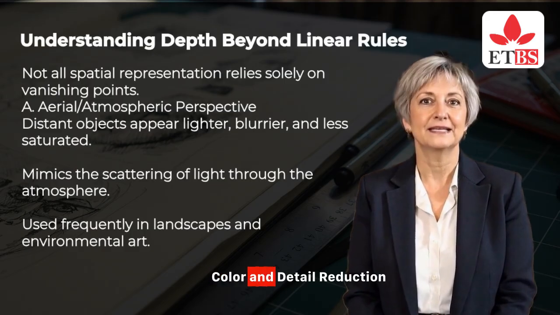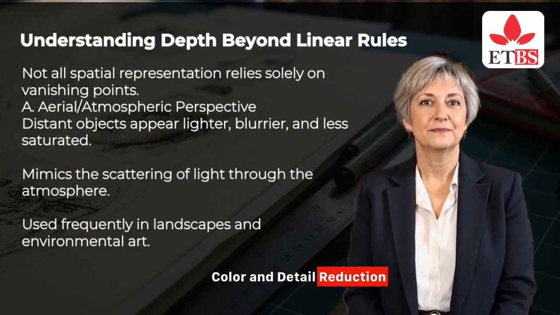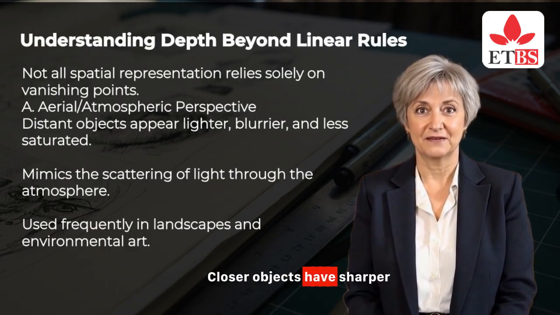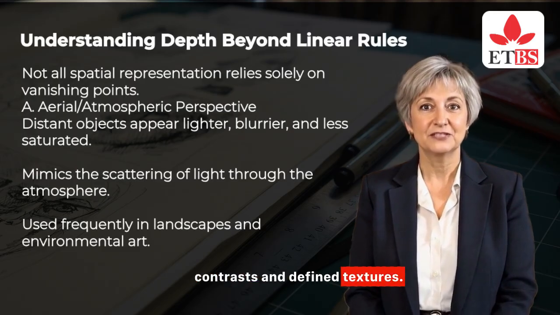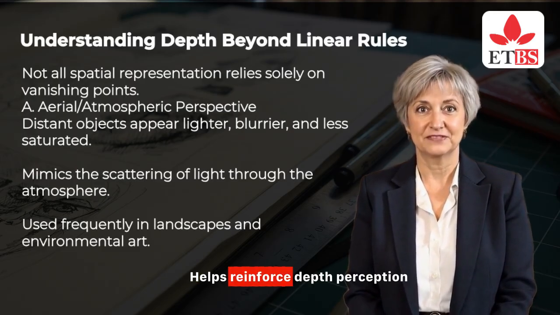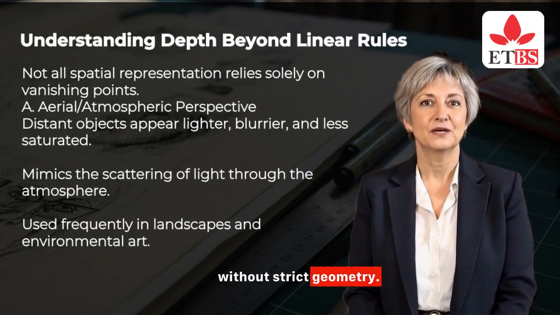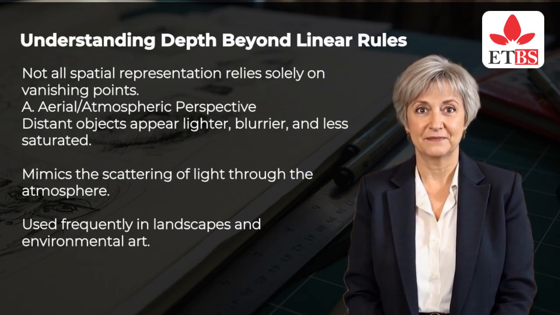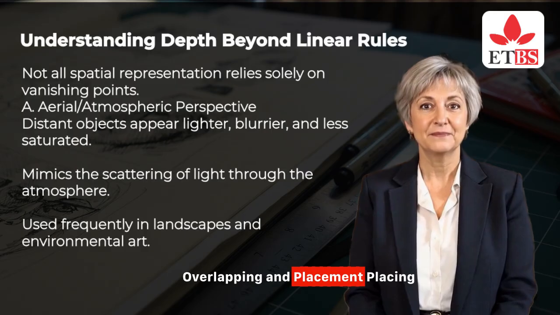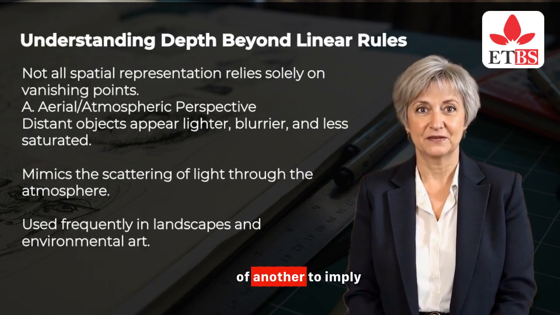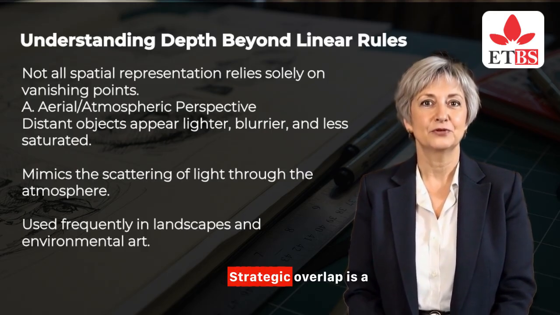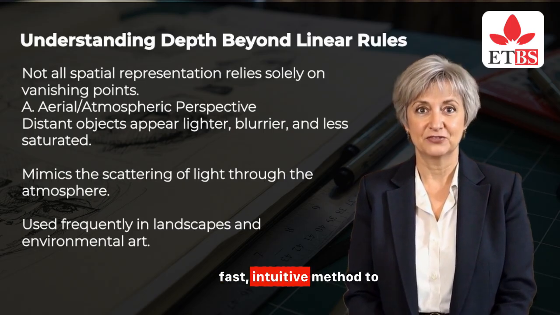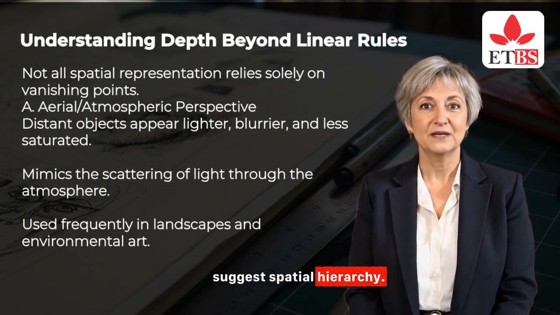B. Color and detail reduction: closer objects have sharper contrasts and defined textures, helping reinforce depth perception without strict geometry. C. Overlapping and placement: placing one object in front of another to imply space. Strategic overlap is a fast, intuitive method to suggest spatial hierarchy.